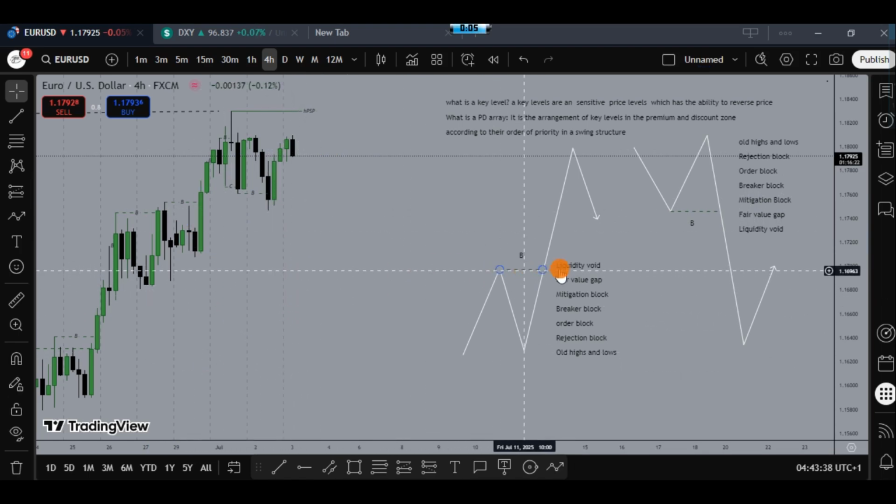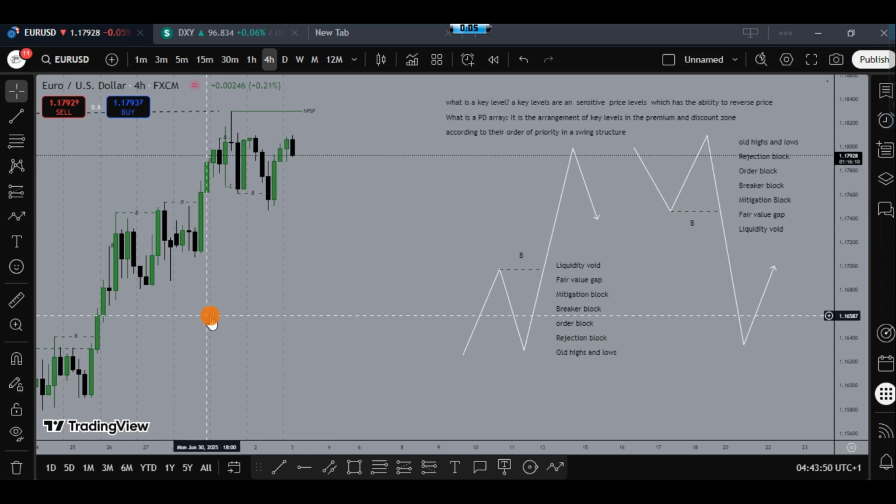First of all, the first rule of marking a PD array: it must be a swing structure, and for you to create a swing structure, you need to have a break of structure or a shift of market structure, or even a change of character, any of them. So now we have a break of structure, and since here on the 4 hour time frame, there's no break of structure here, the last swing point price created here is this.